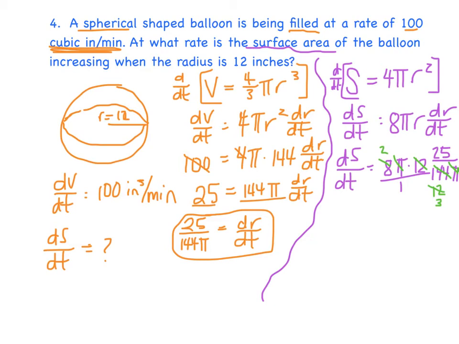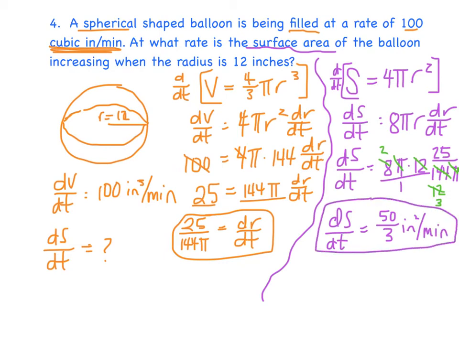After I do all that, dS/dt is equal to, in the numerator, 2 times 25, so 50, and the only thing left in the denominator is 3. So 50 thirds, and now we need a unit of measure. We're talking about area, so it's inches squared per minute. Again, I would write a concluding sentence. I'm going to save time and not, but I encourage you to take the time in your notebook and do it. The rate at which the surface area is increasing is 50 thirds square inches per minute.